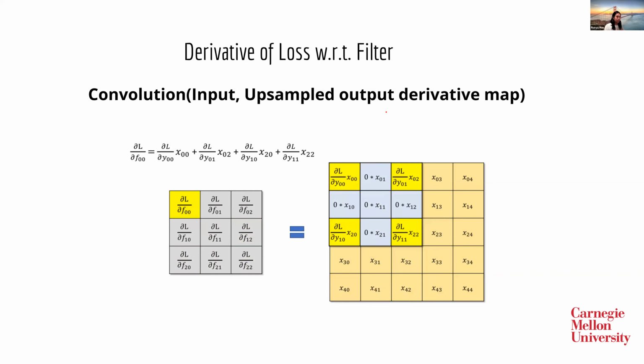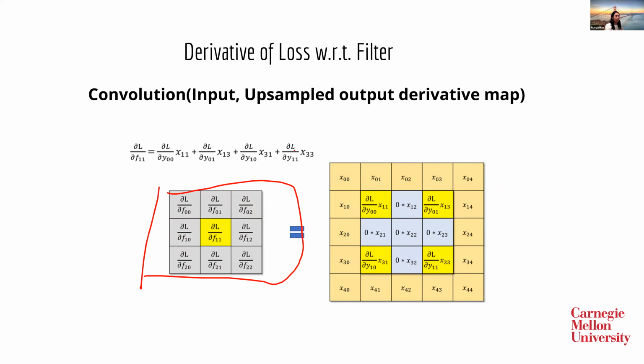So as we discussed before, the loss with respect to the filter could be done by running a convolution between the input x and this affine derivative map. So after this dilation, this is the final output when the stride is greater than 1.